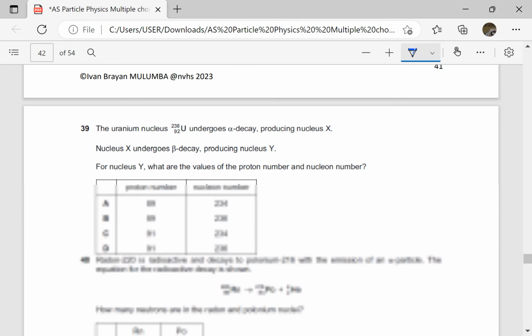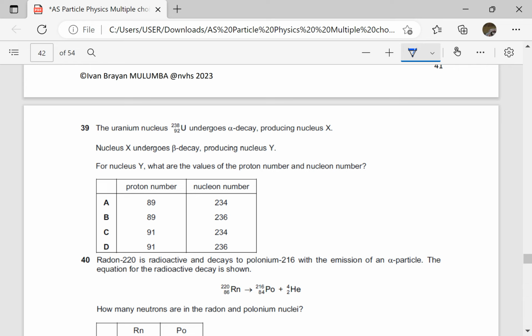The uranium nucleus undergoes alpha decay, producing nucleus X. X undergoes beta decay, producing nucleus Y. For nucleus Y, what are the values of proton number and nucleon number? So we see uranium 238, 92 is undergoing decay to produce X by alpha emission.